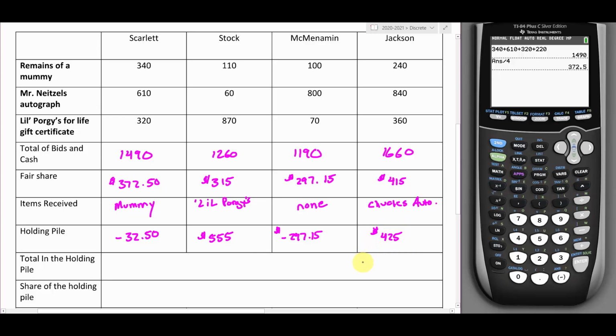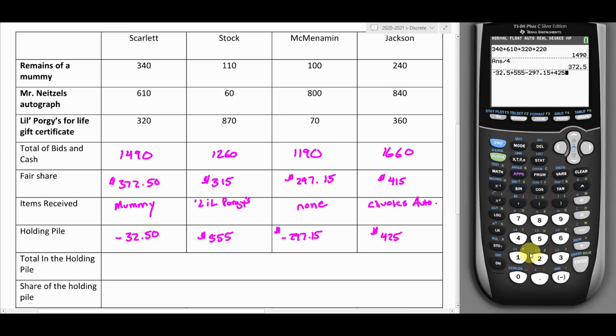Now we got to figure out how much money is in the holding pile. So I'm going to take these four numbers and add them together. We're going to take negative 32.5 plus 555 minus 297.15 plus 425, and then remember that cash that was there in the beginning automatically goes into the holding pile after everyone does their bids, right?